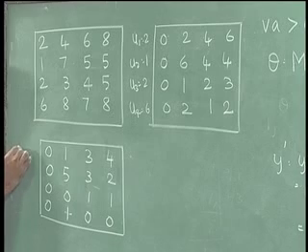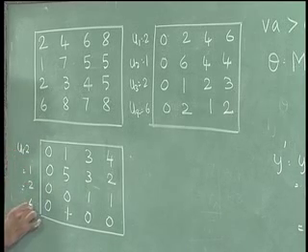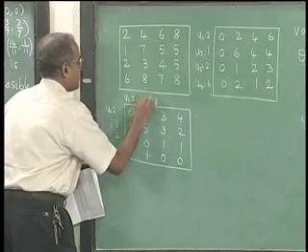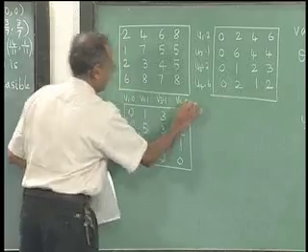So, now we have u1 equal to 2, u2 equal to 1, u3 equal to 2, u4 equal to 6, v1 equal to 0, v2 equal to 1, v3 equal to 1, v4 equal to 2.